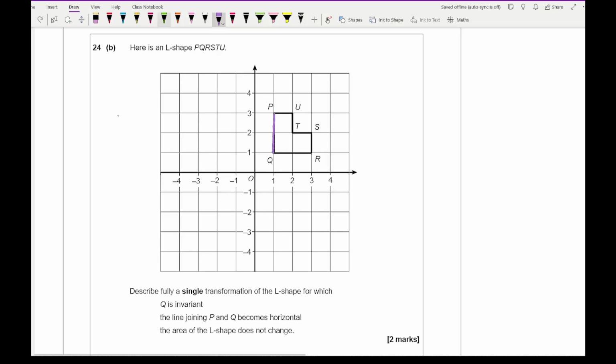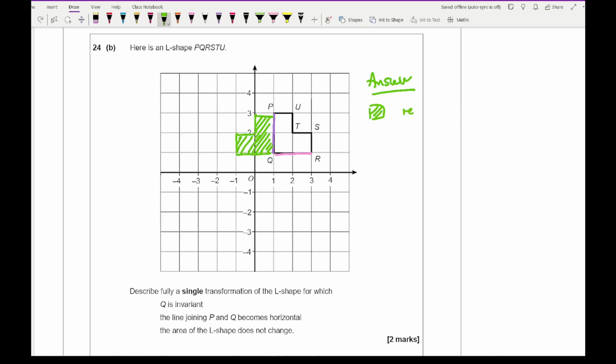So either that line could be here or that line could be here. Now if it's on the green line, then the shape is going to look like this.